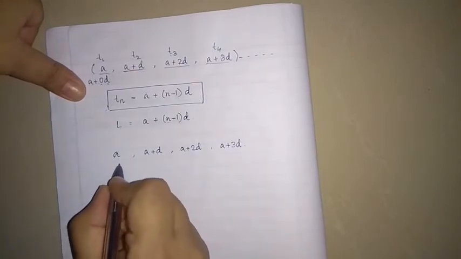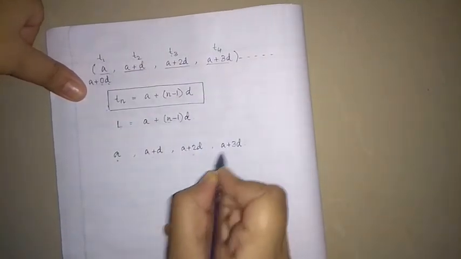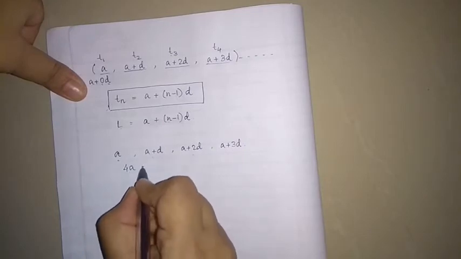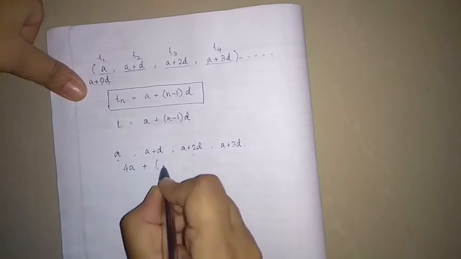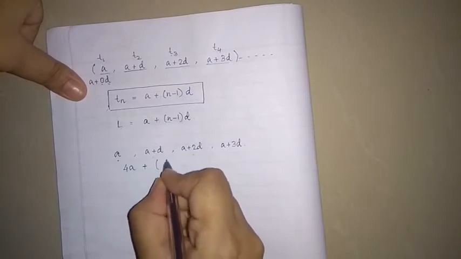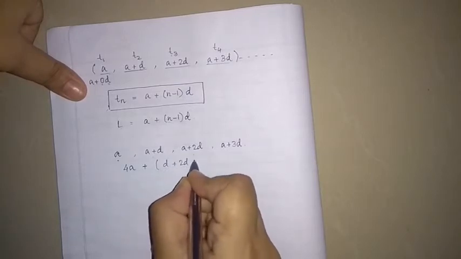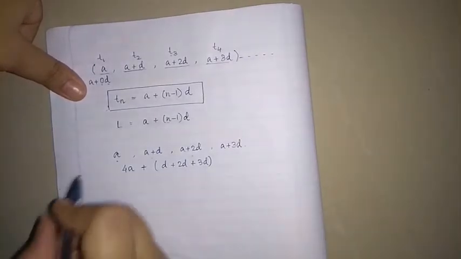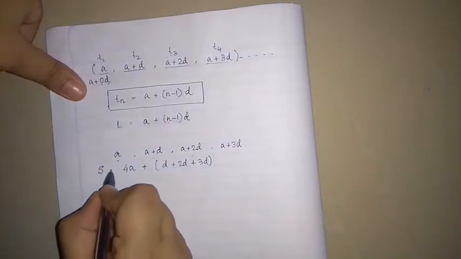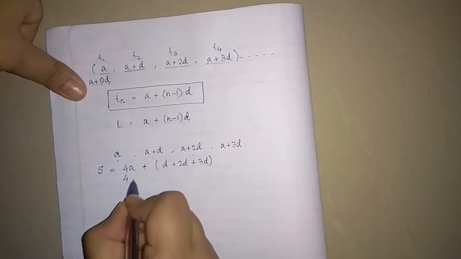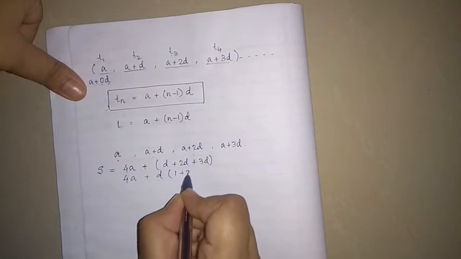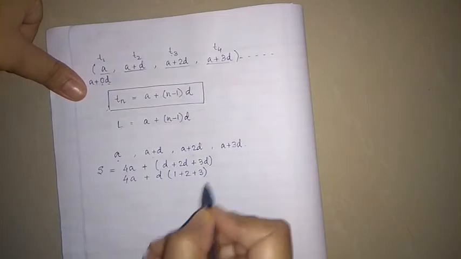So we have 4 terms. So it is 4a plus d plus 2d plus 3d. So this is our sum S, or we can say 4a plus d times 1 plus 2 plus 3.